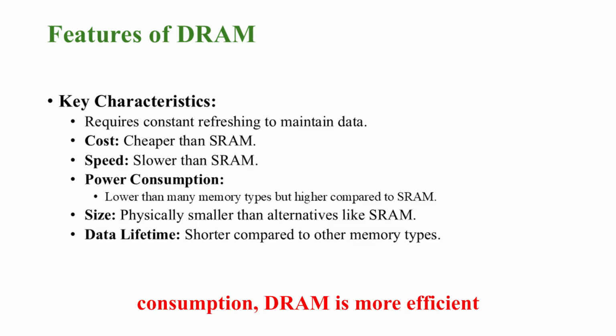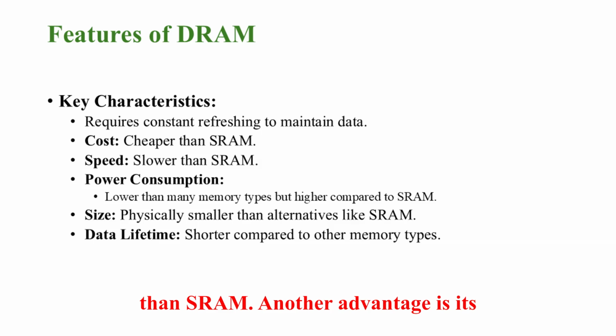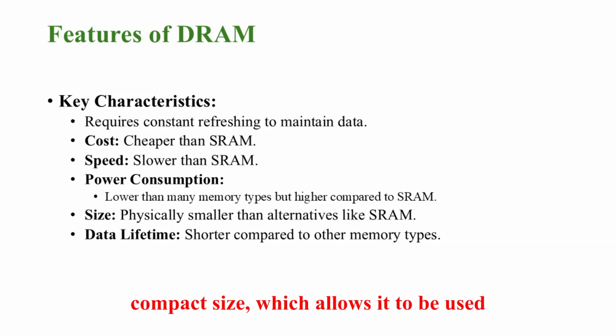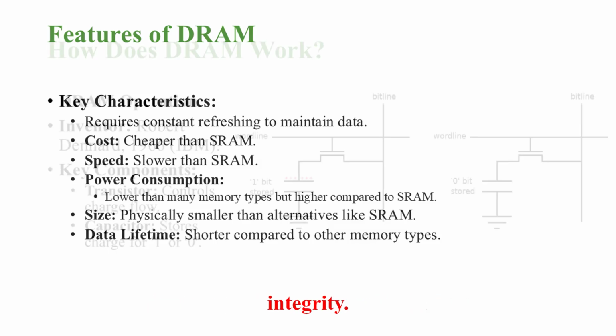When it comes to power consumption, DRAM is more efficient than many types, but consumes more power than SRAM. Another advantage is its compact size, which allows it to be used in high-density configurations. The trade-off here is that DRAM has a short data lifetime, so refreshing is absolutely essential to maintain data integrity.